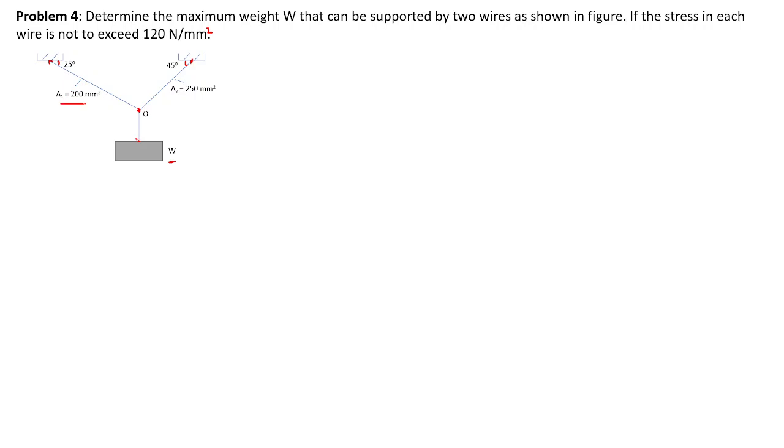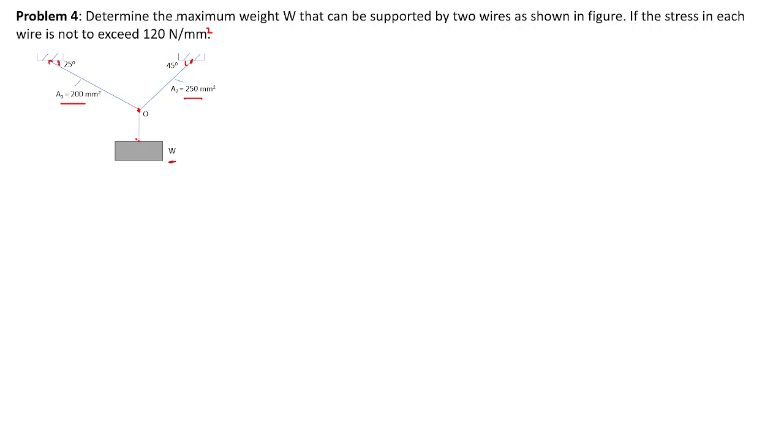The cross-section areas are given: 200 mm square and 250 mm square. This wire has the larger cross section, this one the smaller, and an angle is also given.